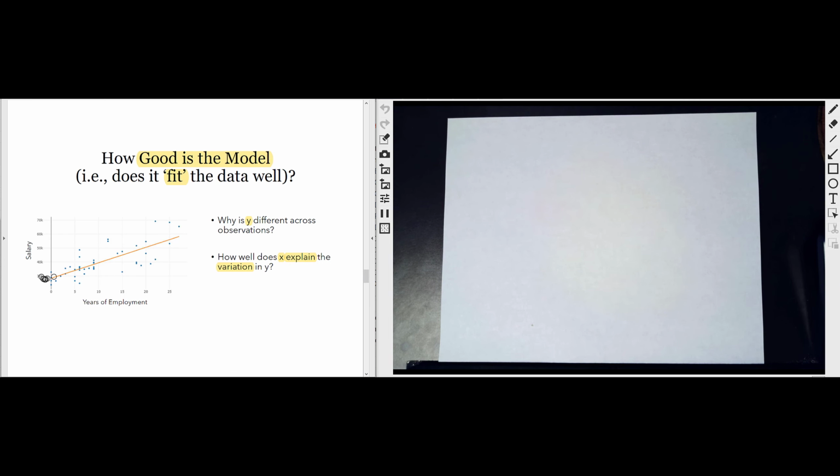Let's go back and look at our plot again. Okay, so about 60% of the variability in the salary levels can be explained by increases in the years of employment. But there is still a lot of variability, so it's only 60%. It's not 80% or 90%. Okay, so now we get to the value judgment.